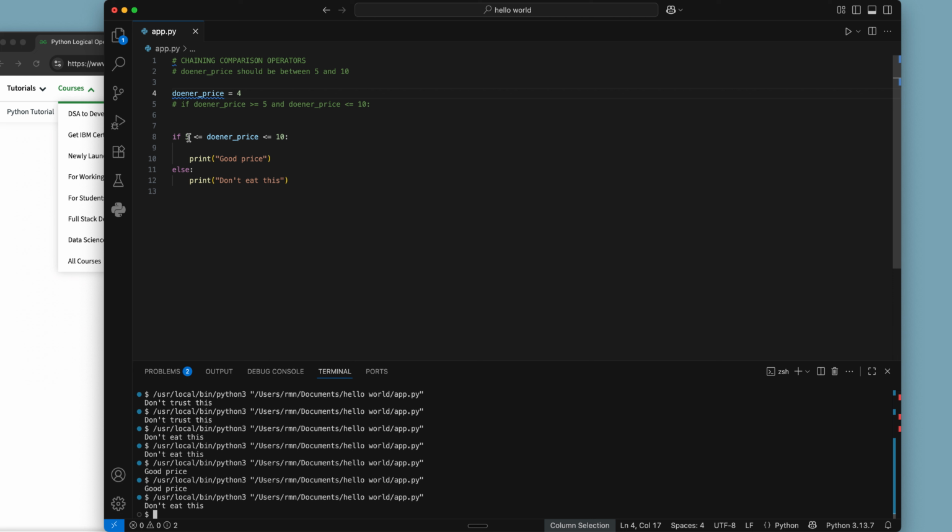So if 5 is less than or equal to the Döner price, then it's good price.